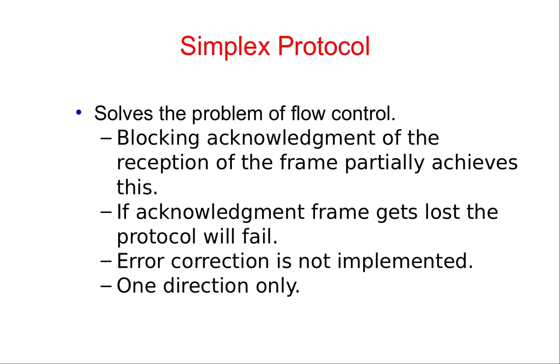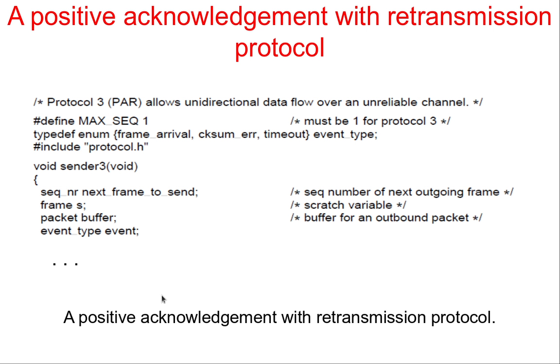There is no such implementation logic which will assume that it is always waiting for the acknowledgement frame, and then only the sender's for loop or the while loop will continue. So if the acknowledgement frame gets lost, it is always in an infinite waiting then. Here the error correction is also not implemented, and that is also one direction. That's not practical in short.